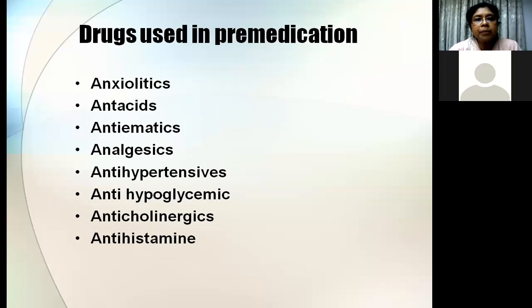The second group is antacids. What do you mean by antacids? We have to keep patients fasting for about 6 hours, and sometimes they fast for more than 6 hours because the surgery is delayed and other patients are done first. Towards the end of the day they get their surgery done, so they may be fasting for many hours. What happens to the stomach?